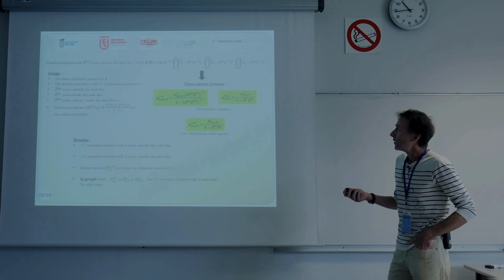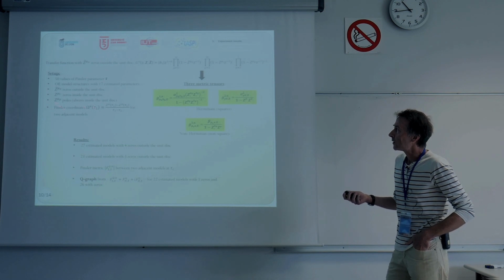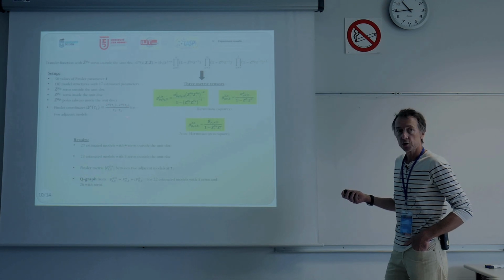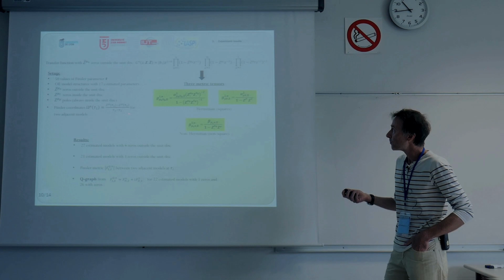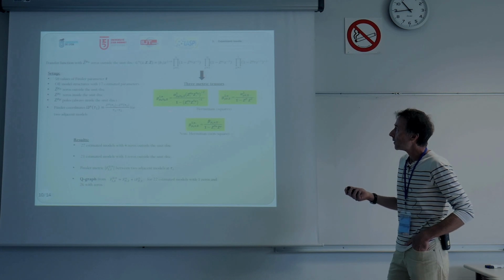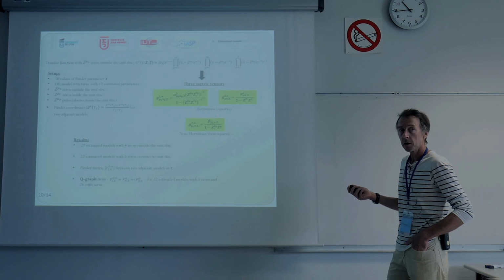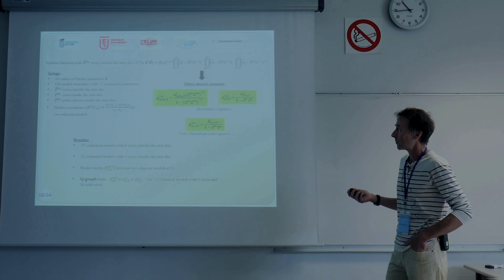Okay, and this is the Finsler coordinate omega, the difference of z mu with respect to the Finsler parameter tau, and this is G1, G2. This is the Hermitian metric tensors, and this is the non-Hermitian tensors.